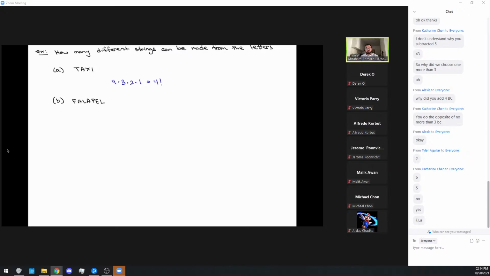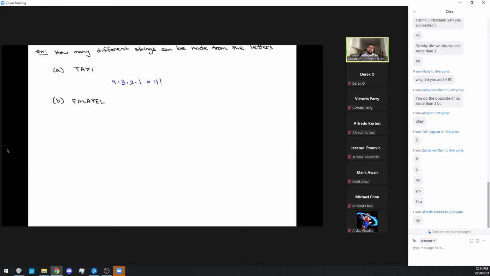Well, if you don't know, the order doesn't really matter here. So that's important. Order does not matter. Now we want to create different strings, so that means I'm going to move these letters around.